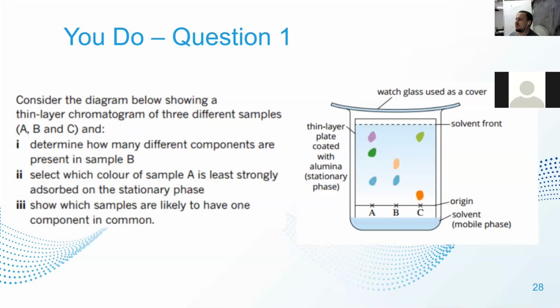So how many different components are present in sample B? So there's 2 colors present in sample B. So which color of sample A is least strongly absorbed on the stationary phase?